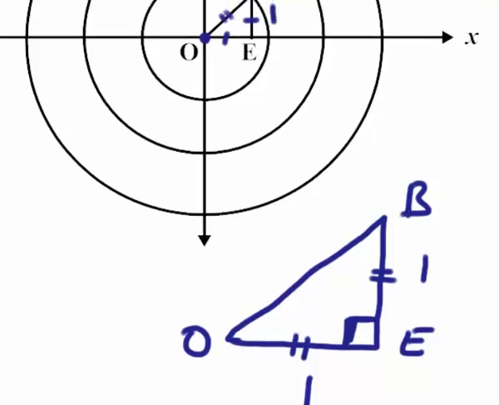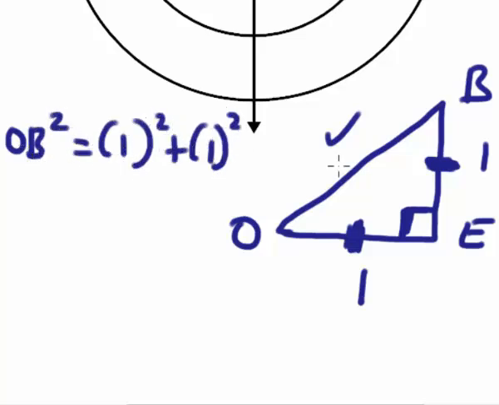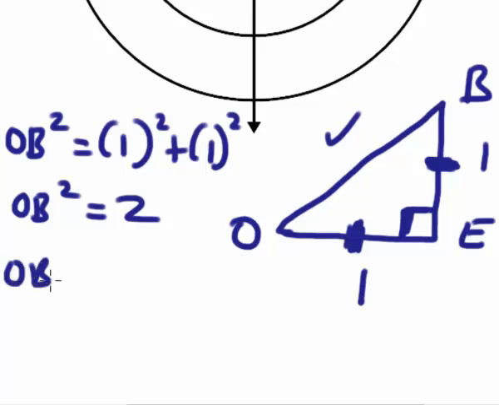Now, if you've got that as 1 and this is equal to 1 here, it's easy to work out the length of OB using Pythagoras. So let's do that. We can say OB squared is 1 squared plus 1 squared. So OB squared is going to give you 2, and OB is, of course, the square root of 2.